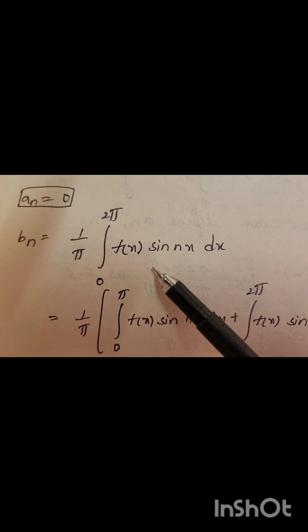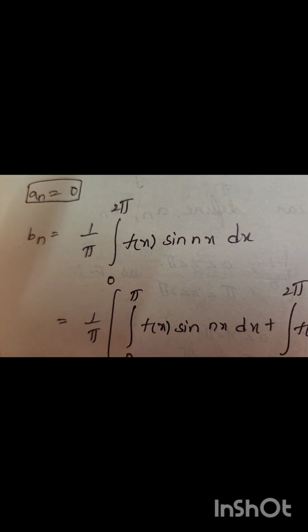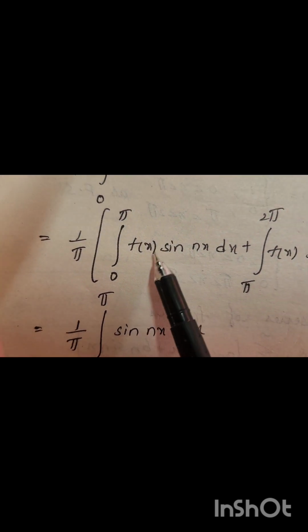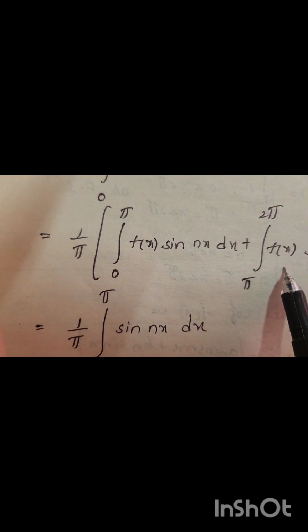Now bn. 1 by pi integral 0 to 2 pi f of x sin nx dx. Again split the interval as 0 to pi, pi to 2 pi. In 0 to pi, f of x is 1, and in pi to 2 pi, f of x is 0. So 1 into sin nx.